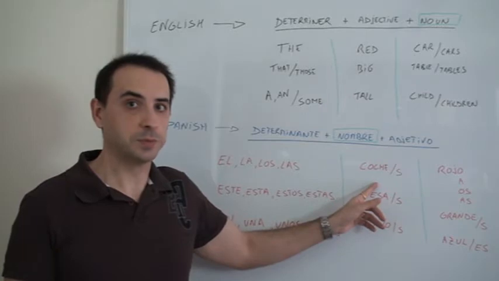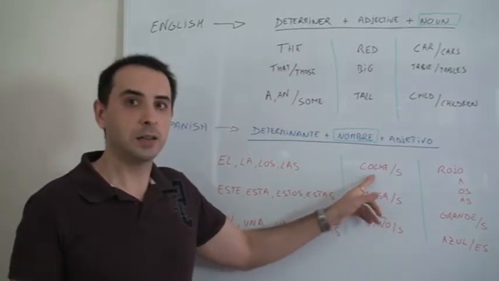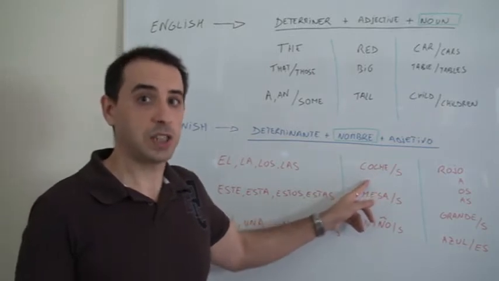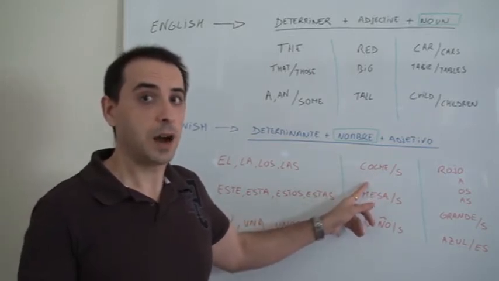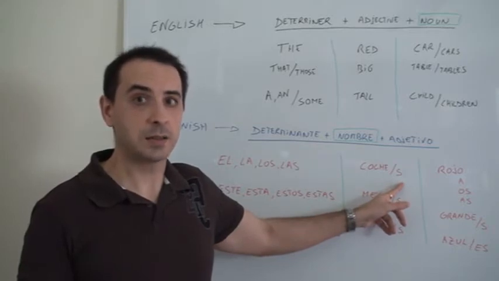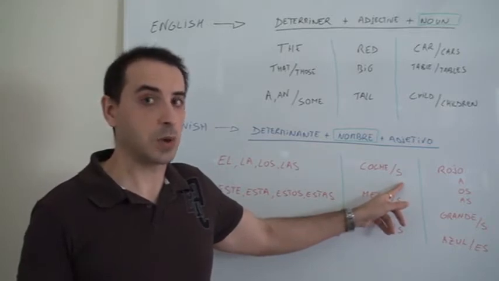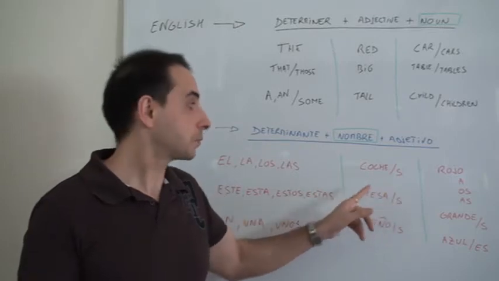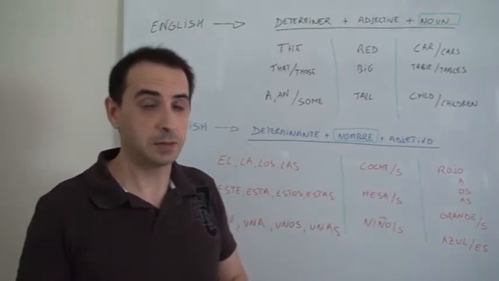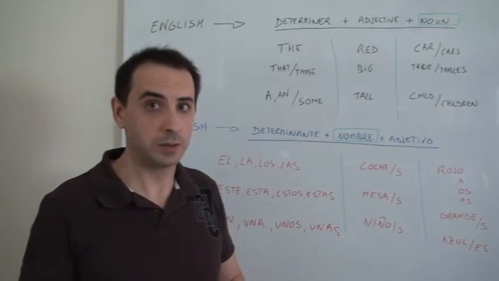For example, car. In Spanish, car is coche, and cars, coches. We use the S as well as in English. Coche is a masculine word.